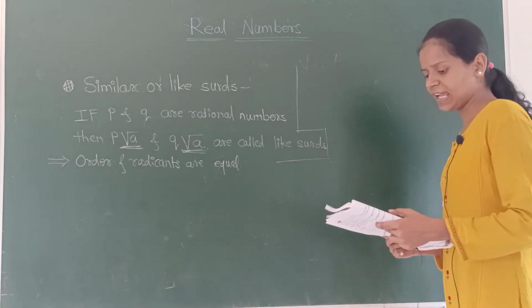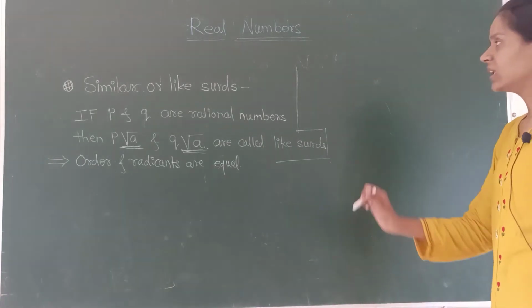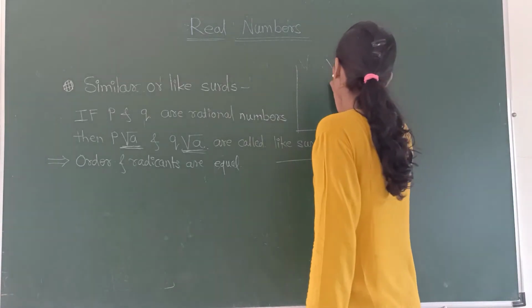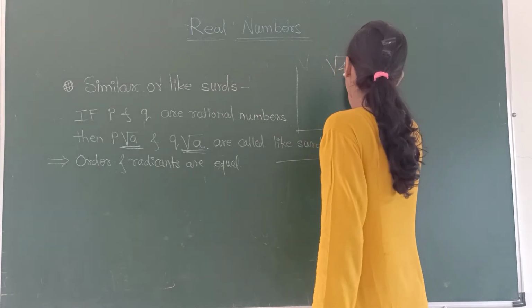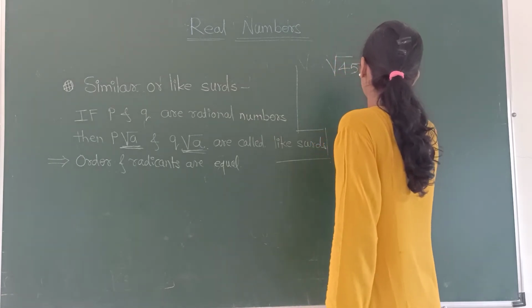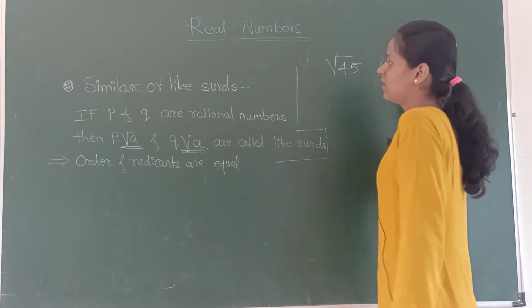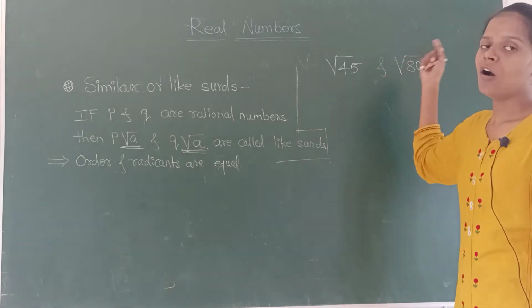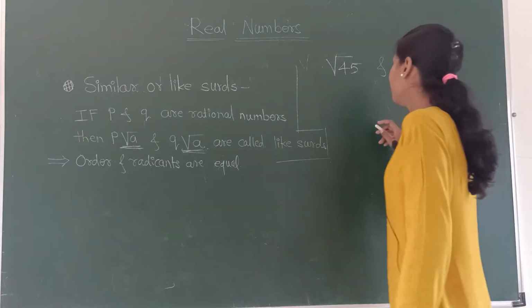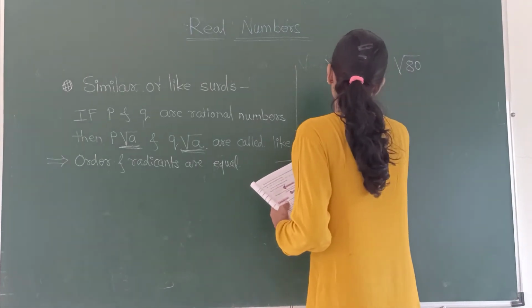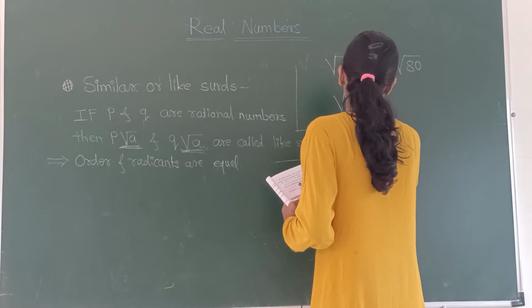We will take two surds into account, under root of 45 and under root of 80, and we will check whether these surds are similar or like surds. How will we do this? We will further simplify these surds.